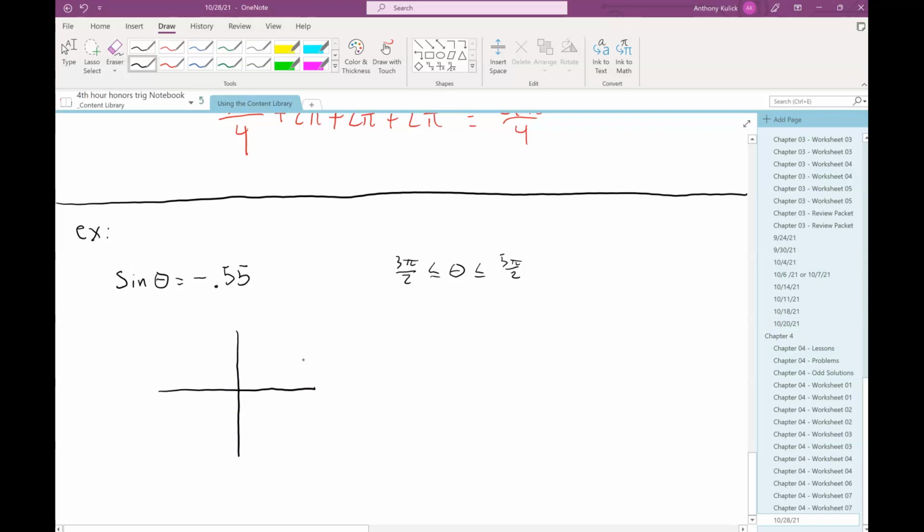So I have 0, pi over 2, pi, 3 pi over 2, 2 pi, and then 5 pi over 2. So going from 3 pi over 2 to 5 pi over 2, we're going to be in quadrants 1 or 4.